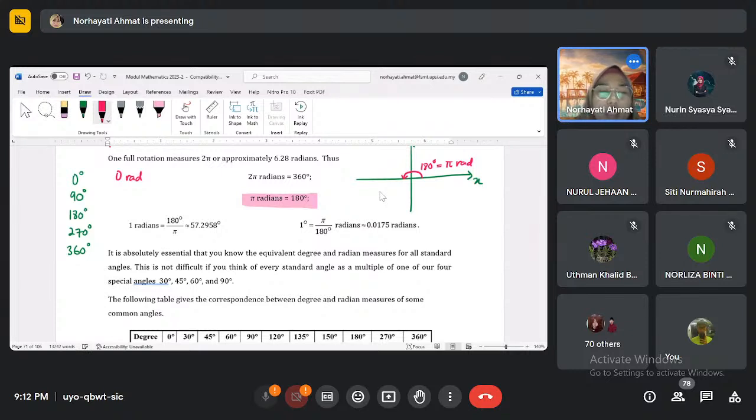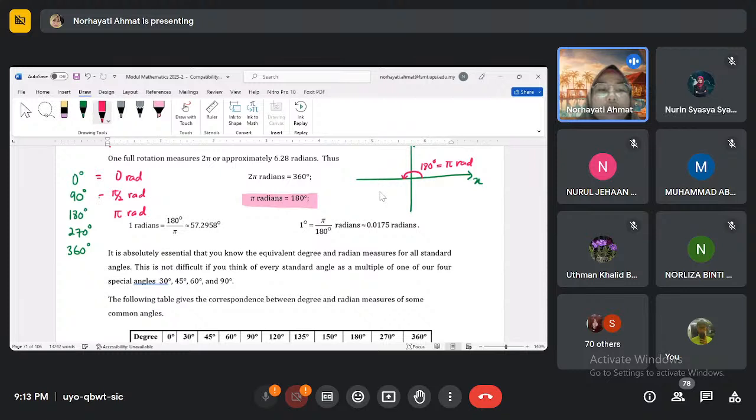Okay, 0 rad. Kalau 180 degree is equal to pi rad, therefore 90 degree is equal to pi over 2 rad.